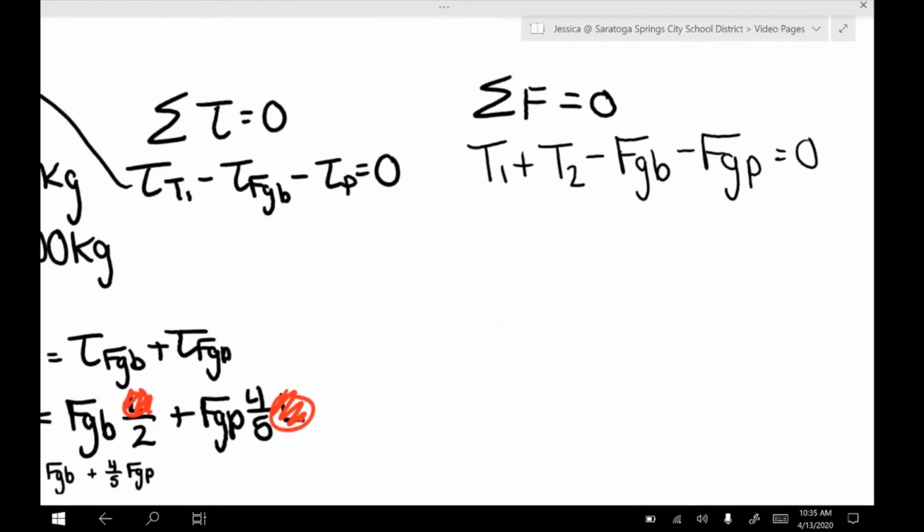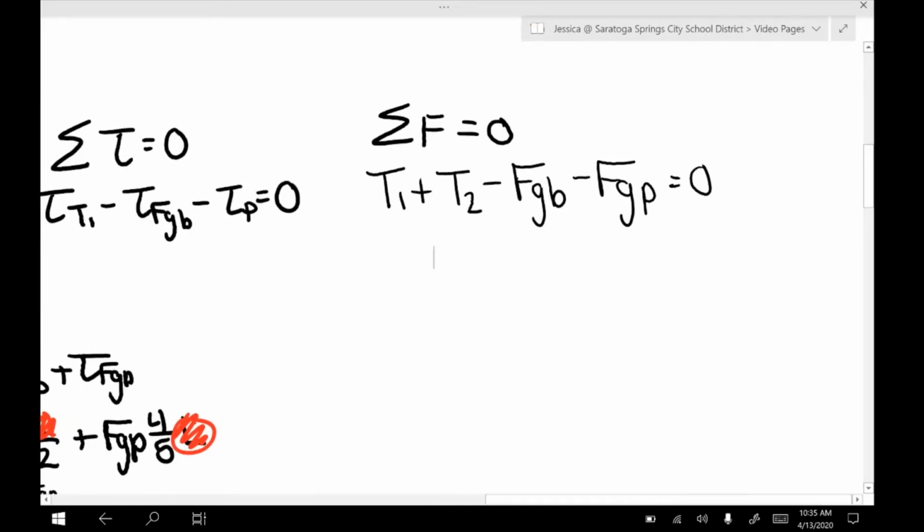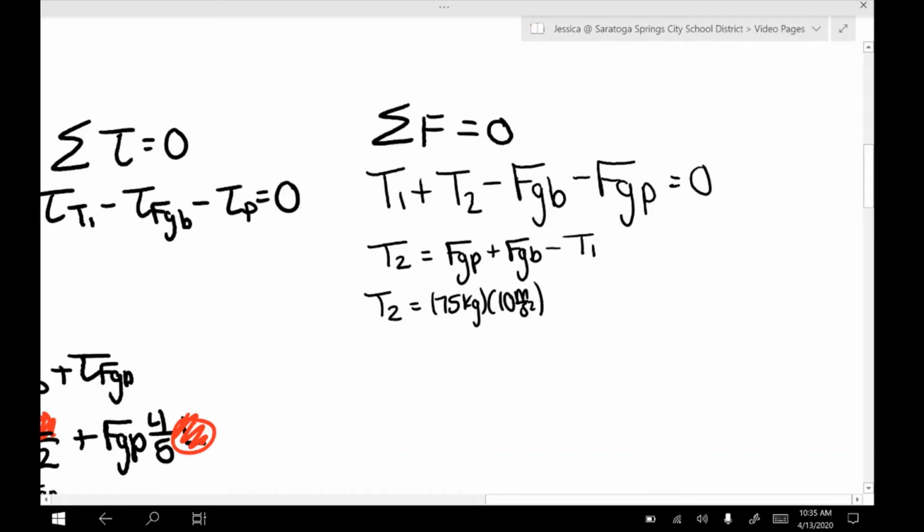Okay, so T1 was 1100 newtons. I'm looking for, actually, you know what, before I plug in, let me rearrange for T2 to make my life easier. So T2 is going to be force of gravity of the person plus the force of gravity of the board minus T1. There we go. So T2, person was 75 kilograms times 10 meters a second squared gives me that FG.